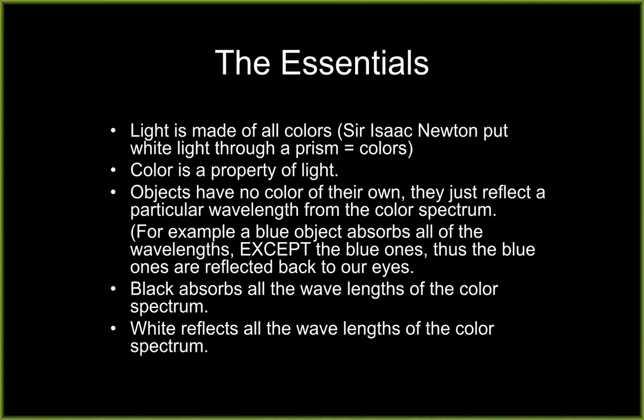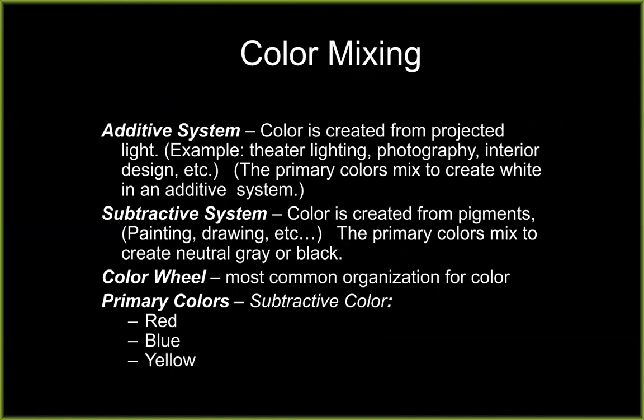So the way it works in real life is the light comes down, it hits an object and reflects everything except, say, or absorbs everything except, say, a blue wavelength. And so the blue wavelength gets reflected back and our eyes interpret it as blue. So black absorbs everything, nothing is reflected back, and white reflects everything, nothing is absorbed.